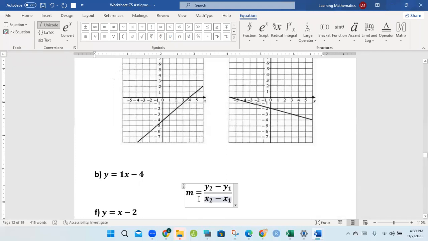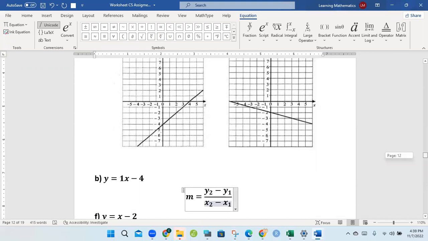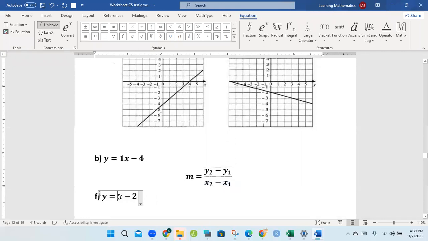That's the formula for gradient, the way y changes when x changes. For F, x is changing by 3. That's the x2 minus x1, 3 minus 0 is 3. While x is increasing by 3, y looks like it is decreasing by 1. So the gradient there is -1/3.